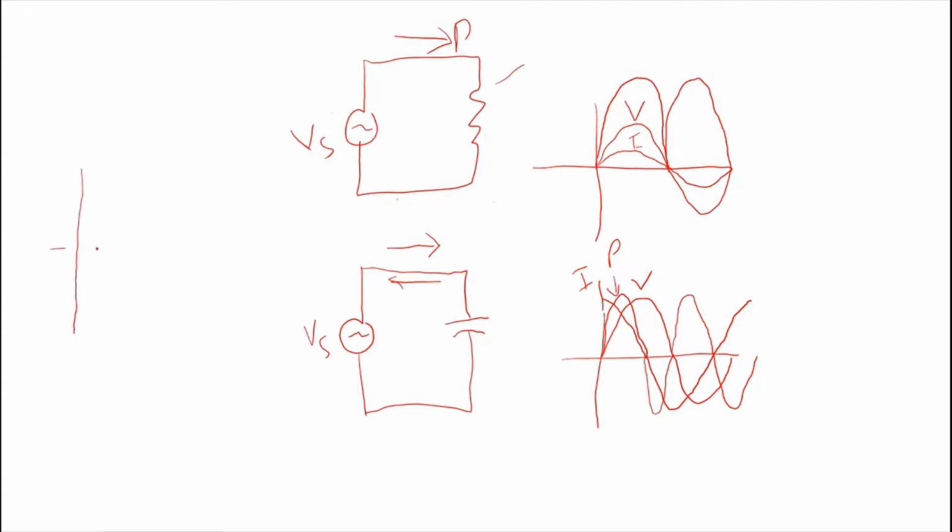If we draw the phasor diagram of this, let us say V is the reference. IC we can write as leading the voltage source, and IL we can write as lagging the voltage source. If in a circuit there are both capacitor and inductor, then while the capacitor is charging, the inductor is discharging.